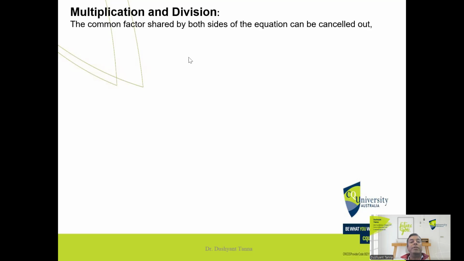Let's talk about multiplication and division. So a common factor shared by both sides of the equation can be cancelled out, provided it's non-zero. But if it is already in a denominator, then it's non-zero. But if it's in a numerator, before you cancel out, you need to make sure that it's not 0, right? For example, if I tell you x squared is equal to 3x, how do you solve this?